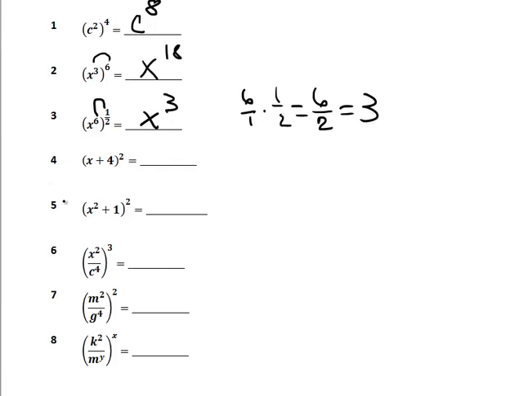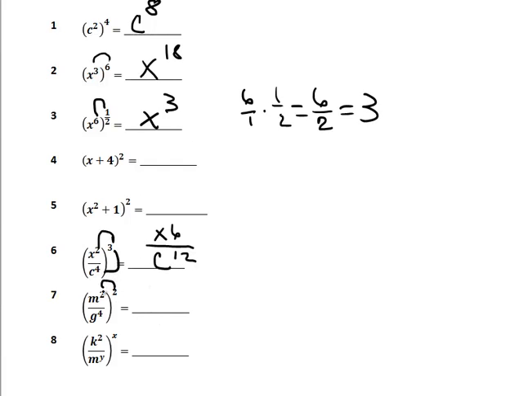I'm going to save this one and this one till the end, because we haven't quite talked about that. Here I have a rational expression. So I have x to the 2 times 3, so that's x to the 6th over c to the 4 times 3. So that would be c to the 12th. I can't reduce that because those are completely different animals. Here's another one.